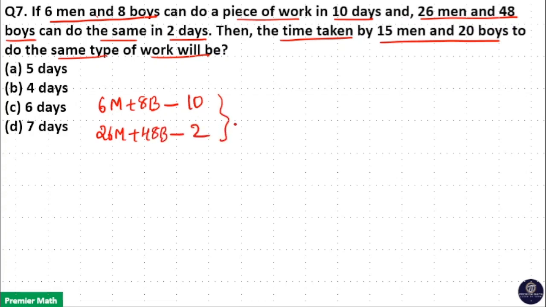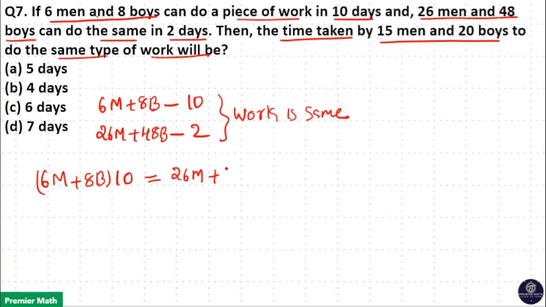Now the work is same, so equalize it. That is, 6 men plus 8 boys can do a job in 10 days and the same work can be done by 26 men and 48 boys in 2 days.